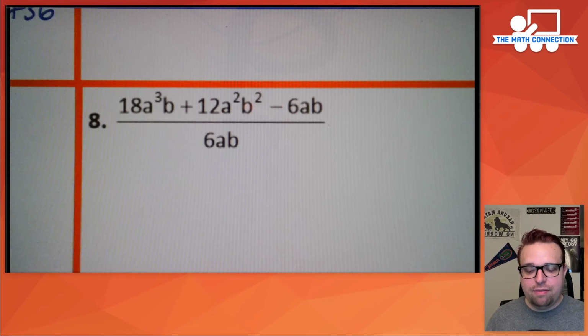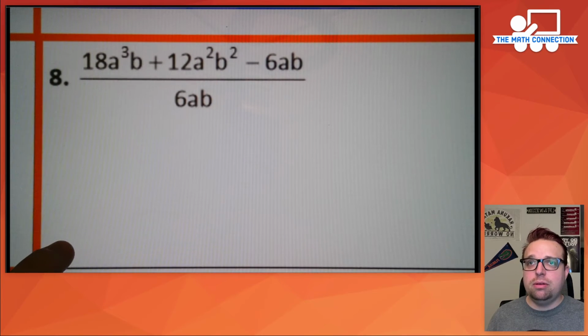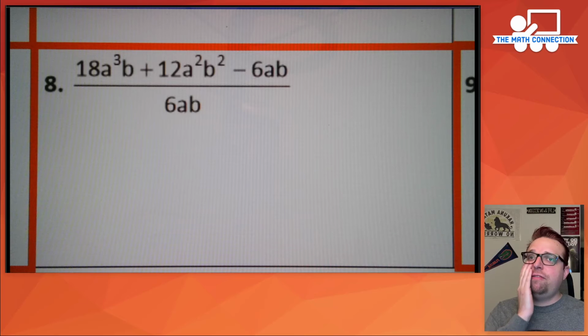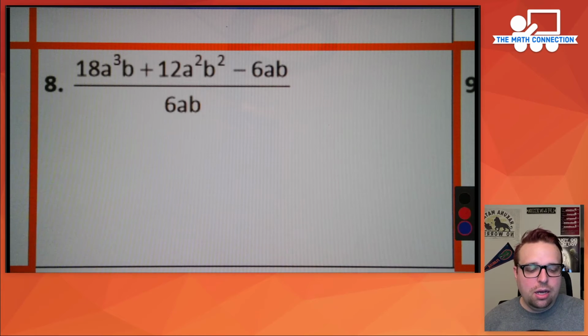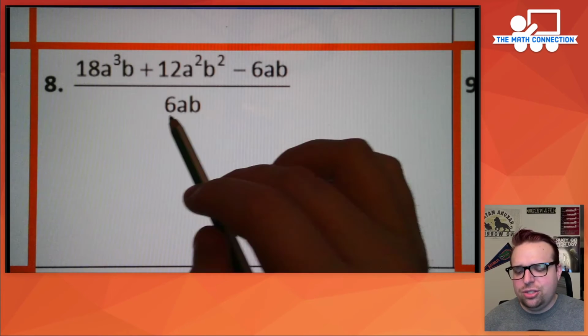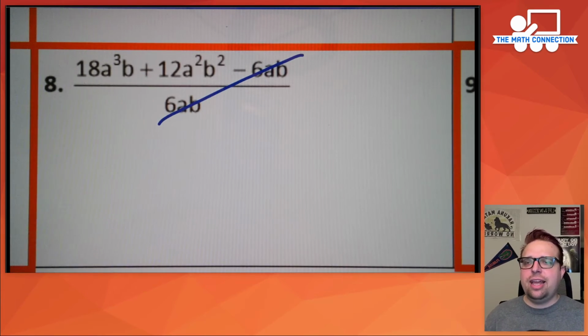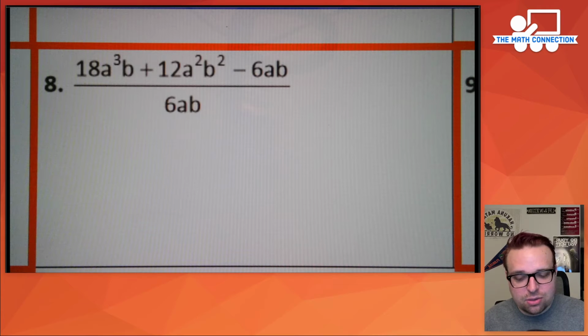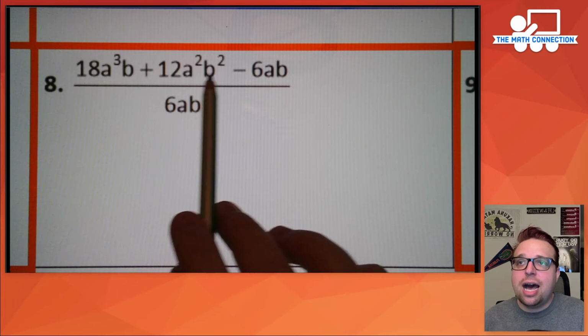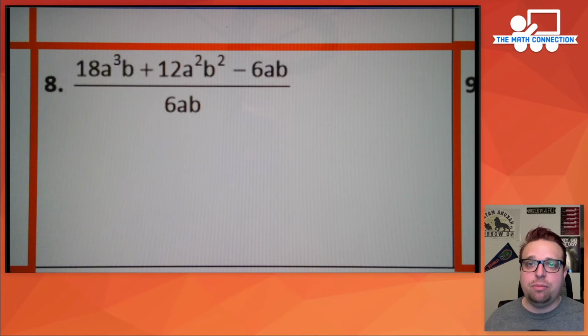The last thing we have is a division problem. So the first question here, and you might look at this and say, oh, this is simple. I can just cross this out. That cancels, right? Wrong. That does not cancel, because these things on the top are being added or subtracted from each other.